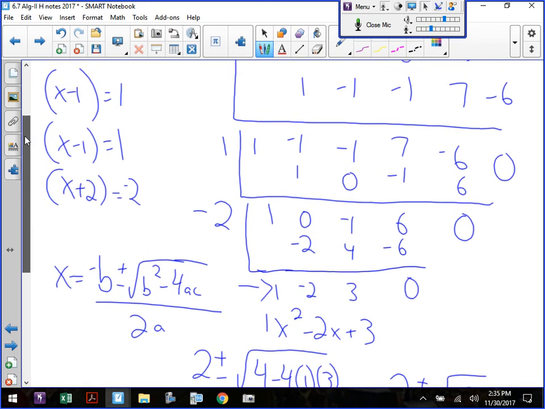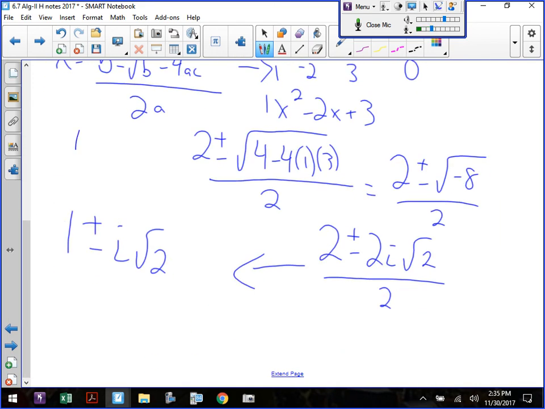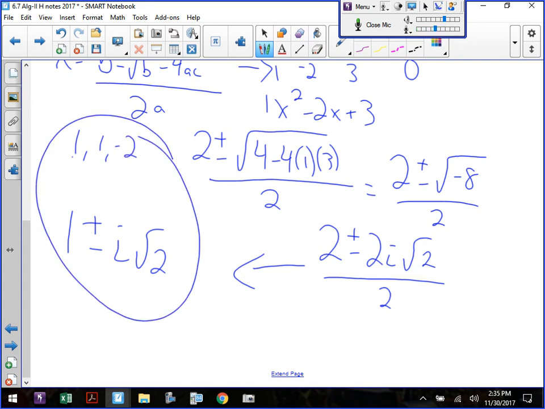We had 1, 1, and negative 2. And that gives me zeros 1, 2, 3, 4, 5.